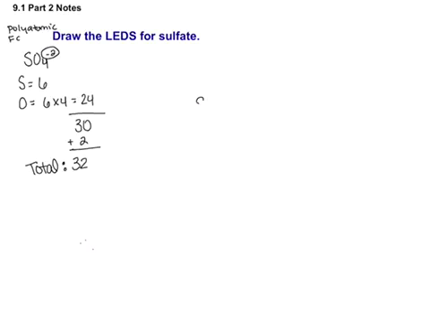And so we put sulfur in the middle. And sulfur needs to have its octet satisfied. So then you place your 4 oxygen around it. And then those each need their octet satisfied. And then the last step here is to make sure that you've got all 32 electrons placed.